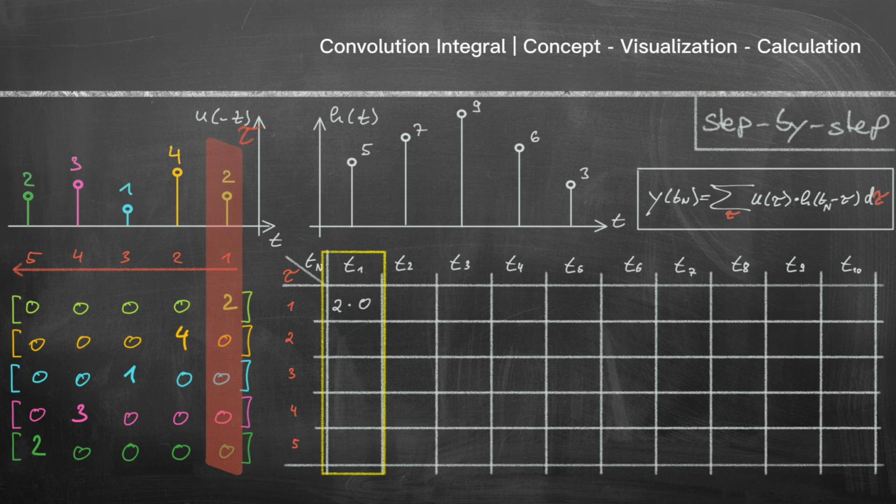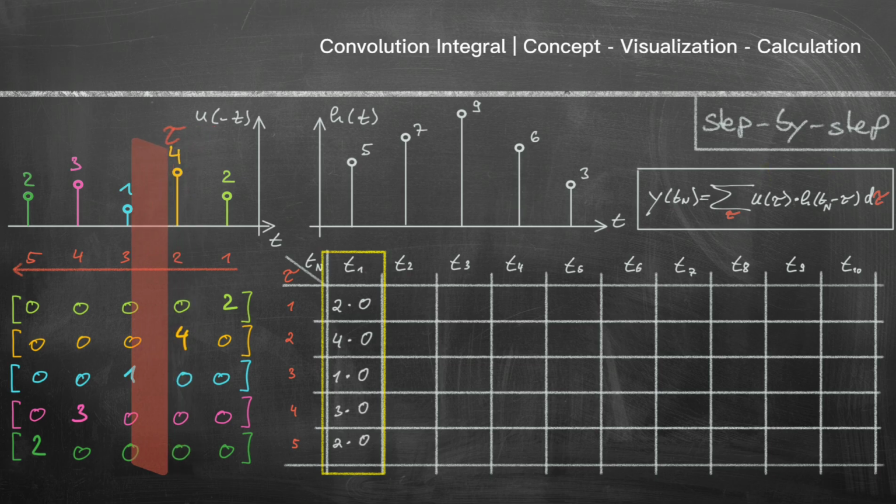Then we shift tau one more step to the second position. We obtain u of 2 times h of 1 minus 2, meaning h of minus 1, which is 4 times 0, again because h would be evaluated at an invalid position.